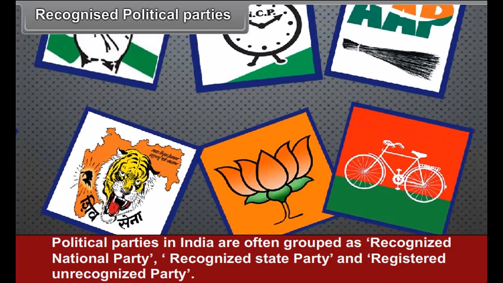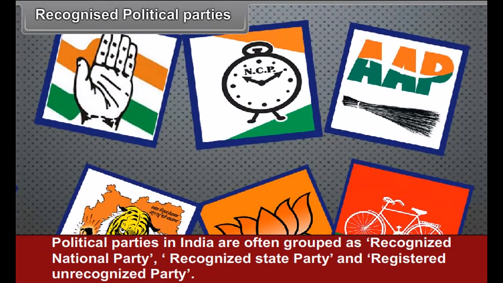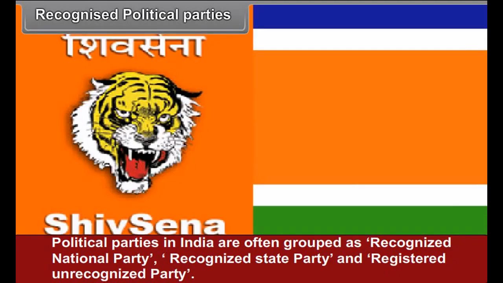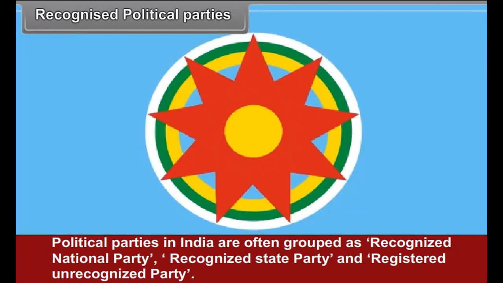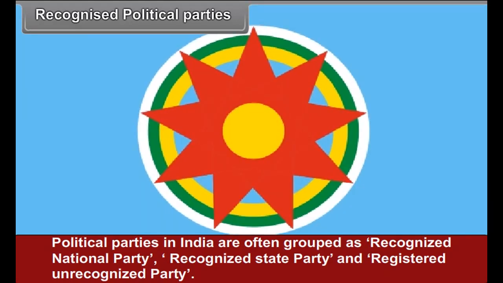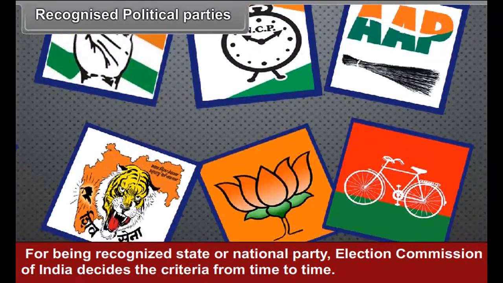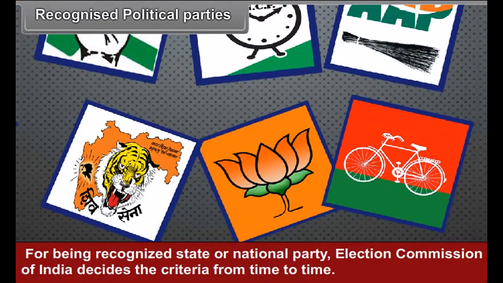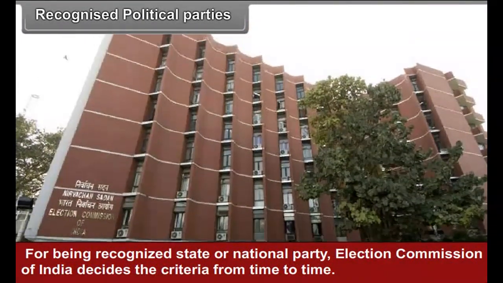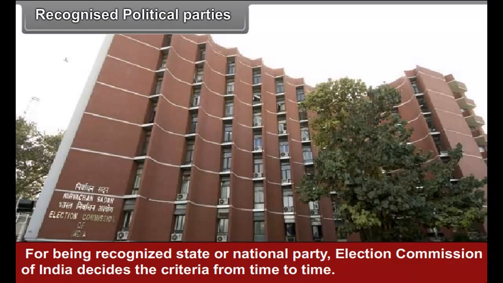Recognized political parties. Political parties in India are often grouped as Recognized National Party, Recognized State Party, and Registered Unrecognized Party. For being recognized state or national party, Election Commission of India decides the criteria from time to time.